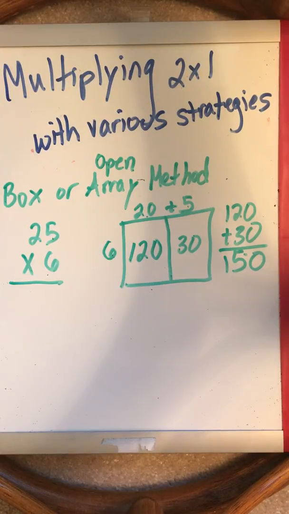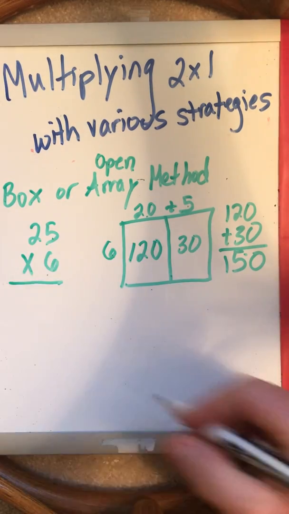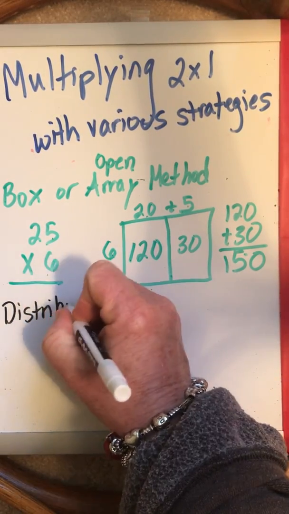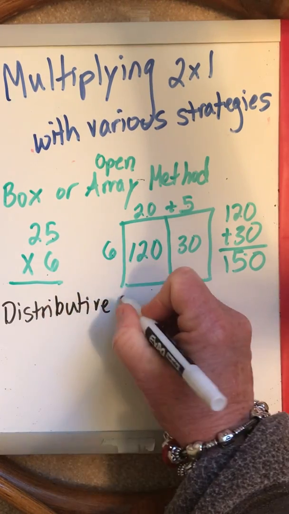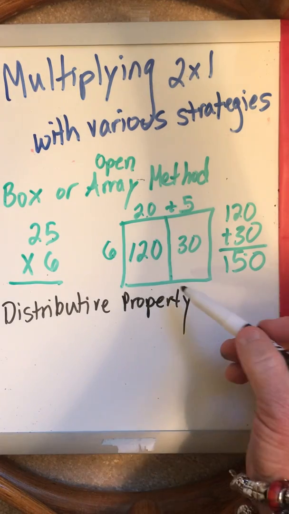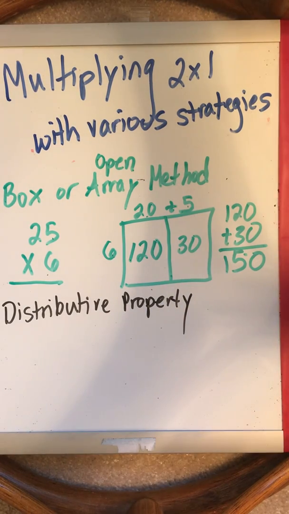Now I'm going to show you the distributive property and how we can use multiplication using the distributive property. Distributive property is basically the same thing as what you're seeing up here in the box. Distributive property is when we break our numbers apart.